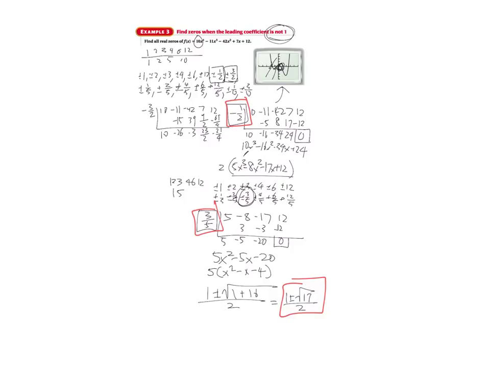So let us recap the three main steps that we did to find the zeros of this polynomial function. The first thing is using the rational zero theorem to find the first rational zero using factors of 12 over the factors of 10. And once we find one factor, we're able to simplify the fourth degree polynomial into a third degree.